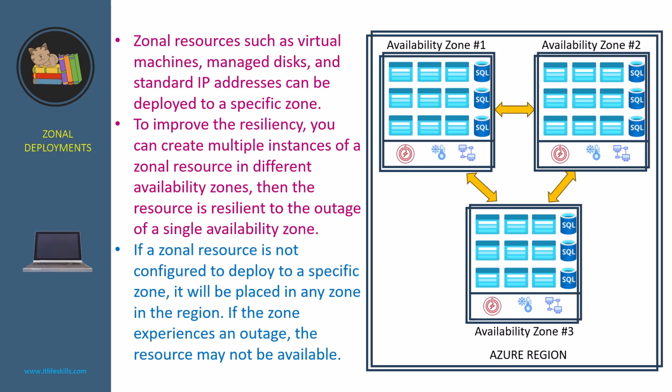Then the resource is resilient to the outage of a single availability zone. If a zonal resource is not configured to deploy to a specific zone, it will be placed in any zone in the region. If the zone experiences an outage, the resource may not be available.